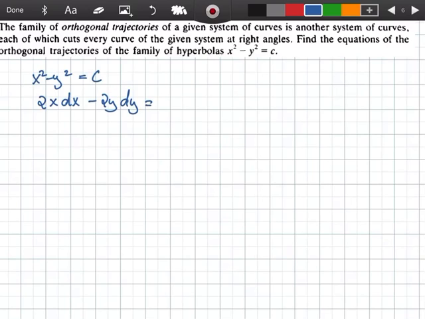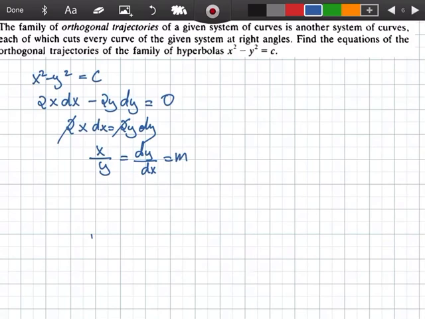It is 0. Diba? So, magiging differential ng constant is 0. So, magiging 2x dx is equal to 2y dy. So, parehas may 2. Cancel natin. Magiging x over y is equal to dy/dx. Ito yung slope of hyperbola. So, this is the slope of hyperbola.